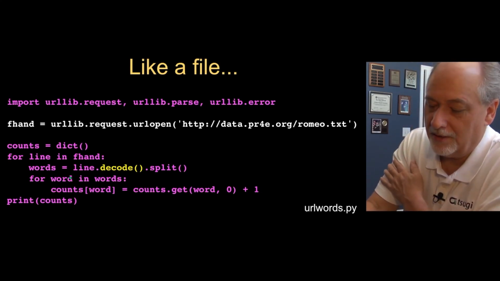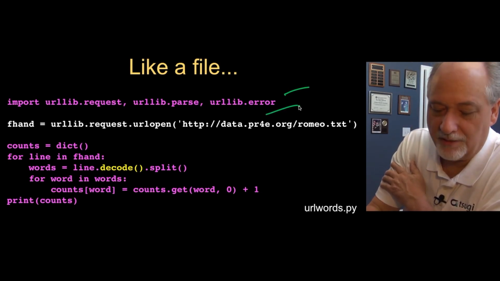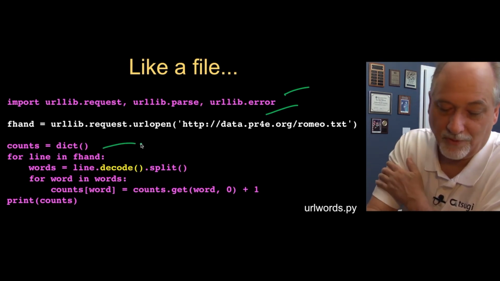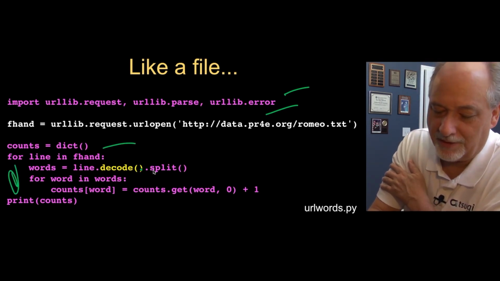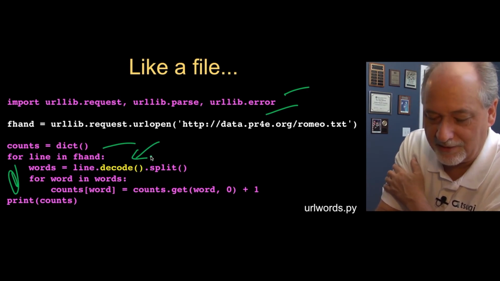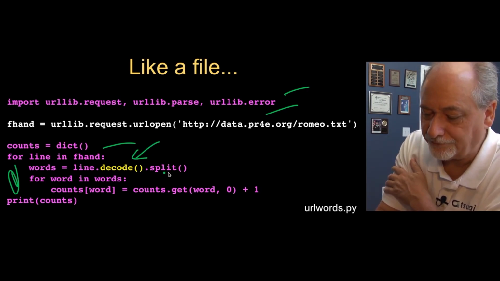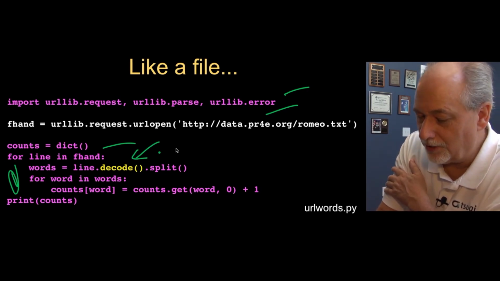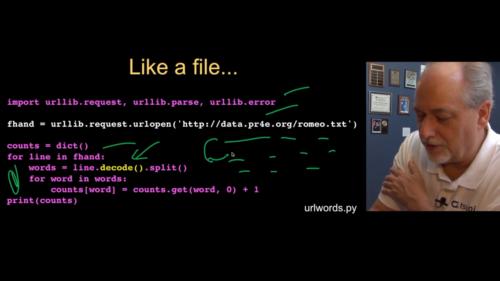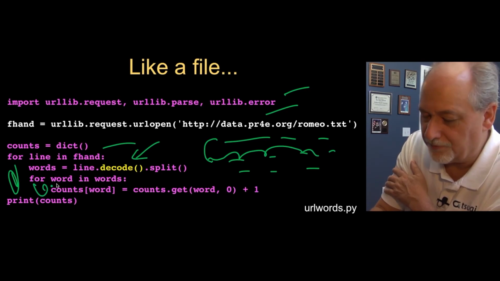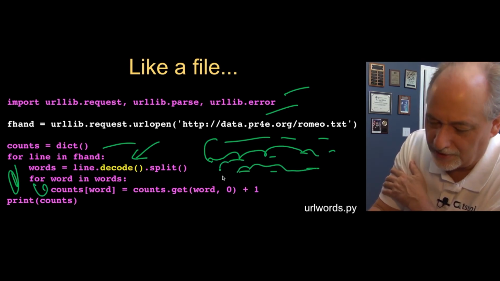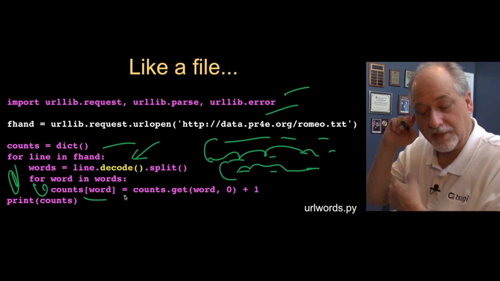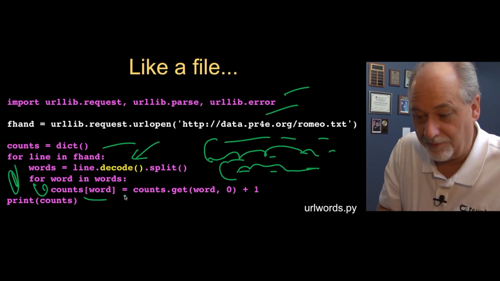True. And so that code import it, we're going to open it, we're going to make a dictionary, we're going to loop through, we're going to split it, we have to add the decode just to make sure because that line is bytes, not string. True. And then we're going to go, our words, we're going to go through the line, and then each line we're going to bounce through the words. The inner for loop is bouncing through the words, and then we're going to go to the next line, and then we make ourselves, and this a dictionary, and we print that dictionary out.